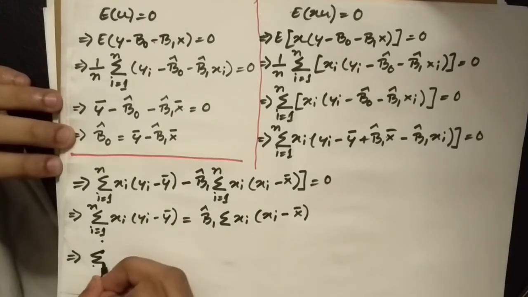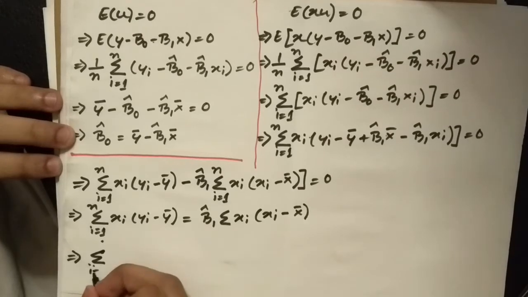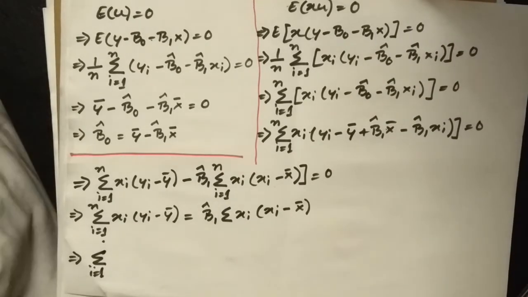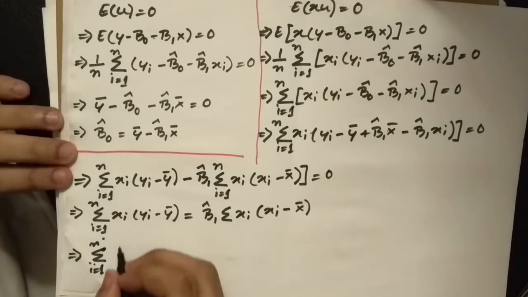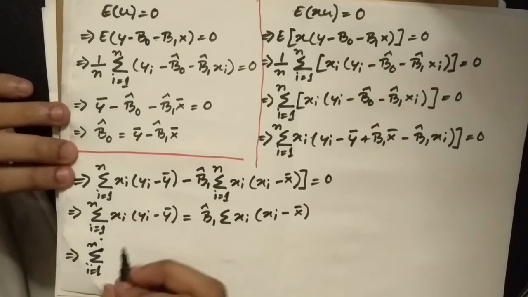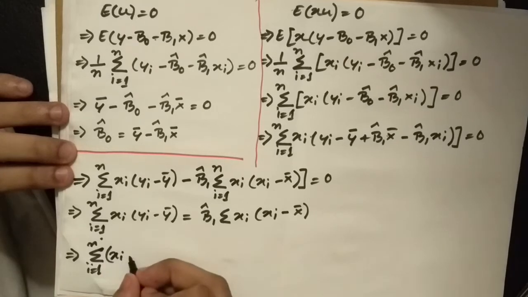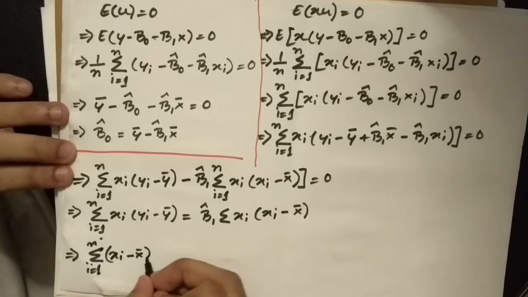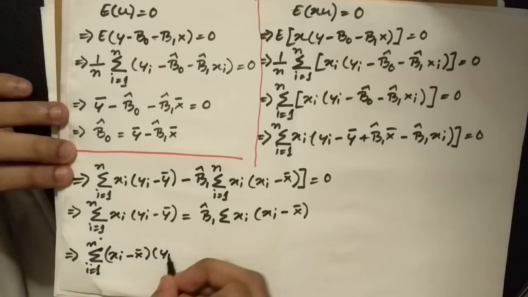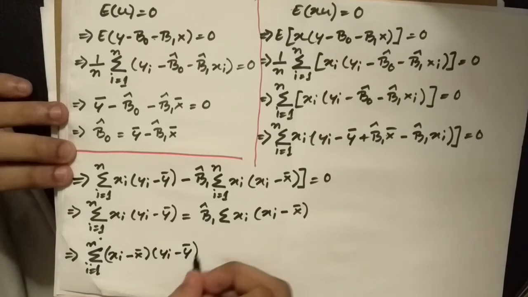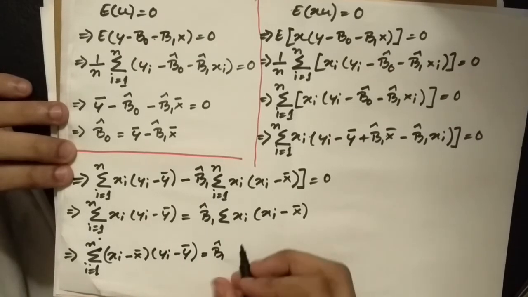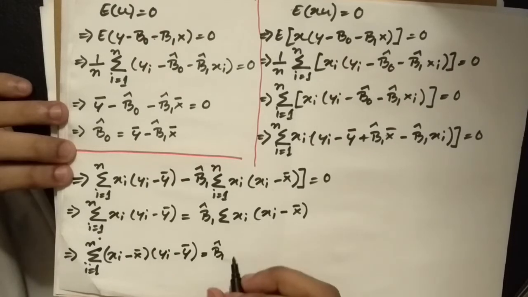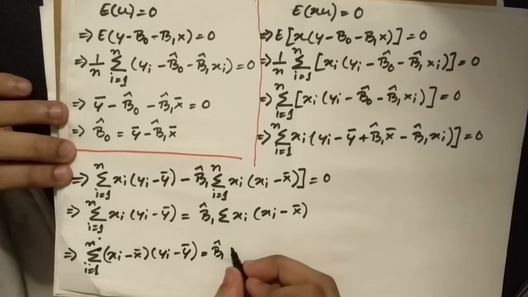So summation of i equals 1 to n, we can write it as (xi minus x bar)(yi minus y bar) equals beta 1 hat, and we can also write it as (xi minus x bar) whole square.